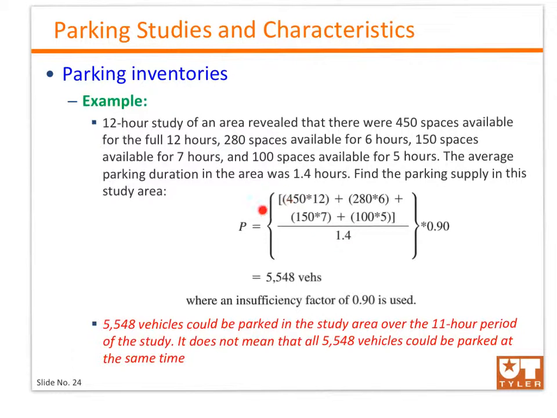So we have 450 available for the entire 12 hours, plus 280 times 6, plus 150 spaces times 7 hours, plus 100 times 5, and all this is over the average parking duration, which is 1.4 hours per vehicle, times the sufficiency factor equal to 0.9.